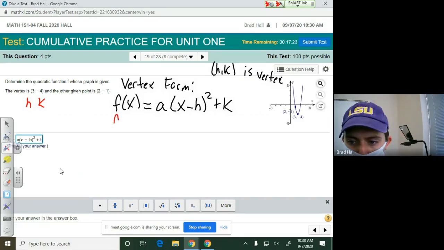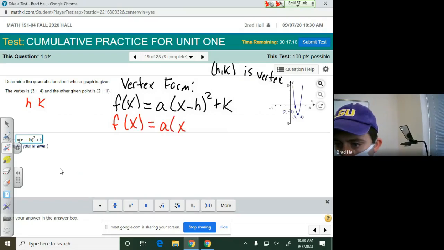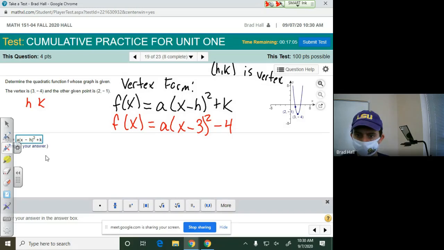So now in our vertex form, we can plug in 3 for h and -4 for k, because that comes directly from the vertex. So we can come directly over here and update our answer as such. But we're not done, because we now have to find a. And once we find a, then we're done.